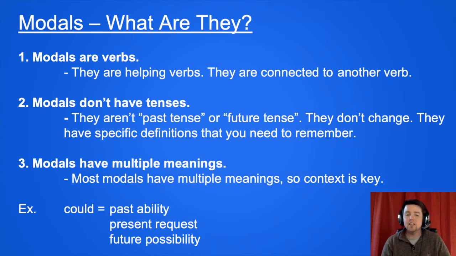For example, could. Sometimes could talks about an ability in the past. Sometimes could talks about a request in the present. And sometimes could talks about a possibility in the future. So be careful. Context is really, really important.